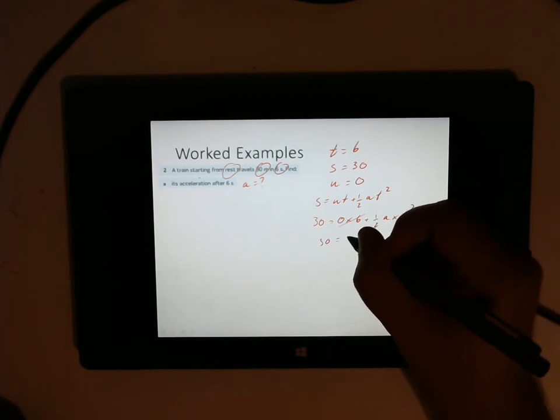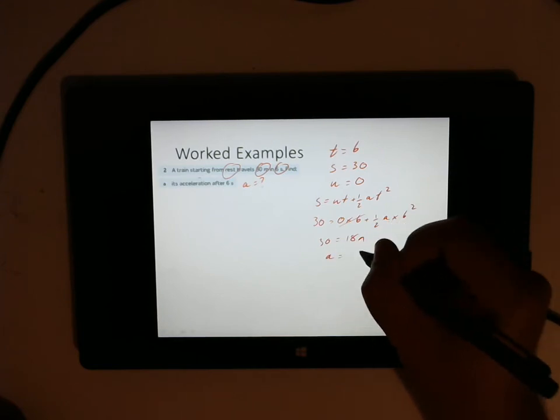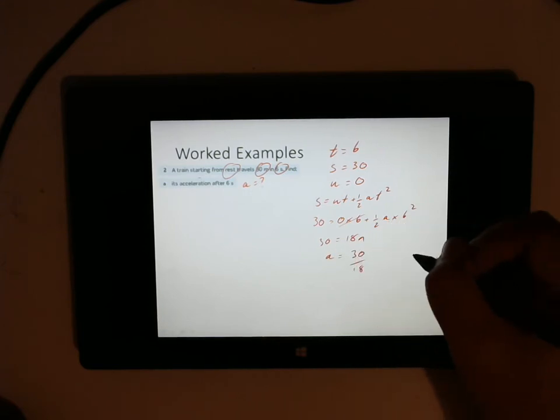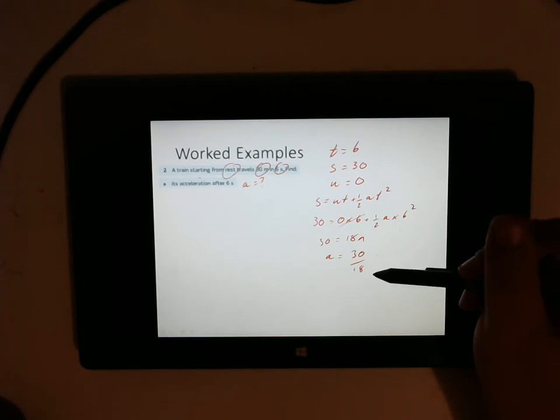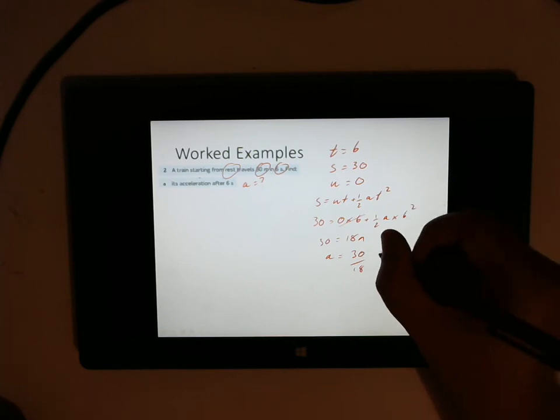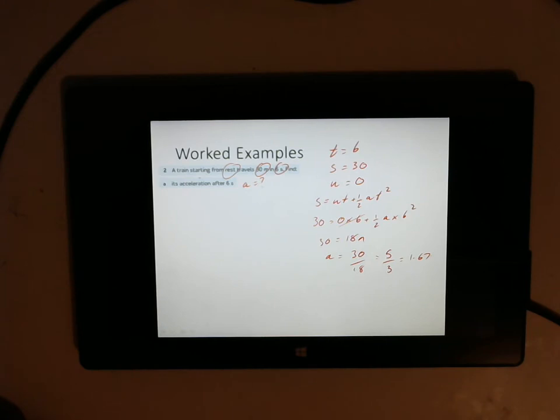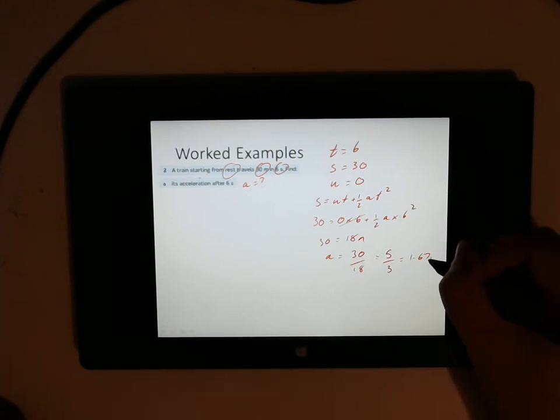So a times 18 will give us 18a. And so a is going to equal 30 over 18. Let's see, 6 will divide into both, which means that would be 5 over 3, which is going to be equal to 1.67 meters per second squared.